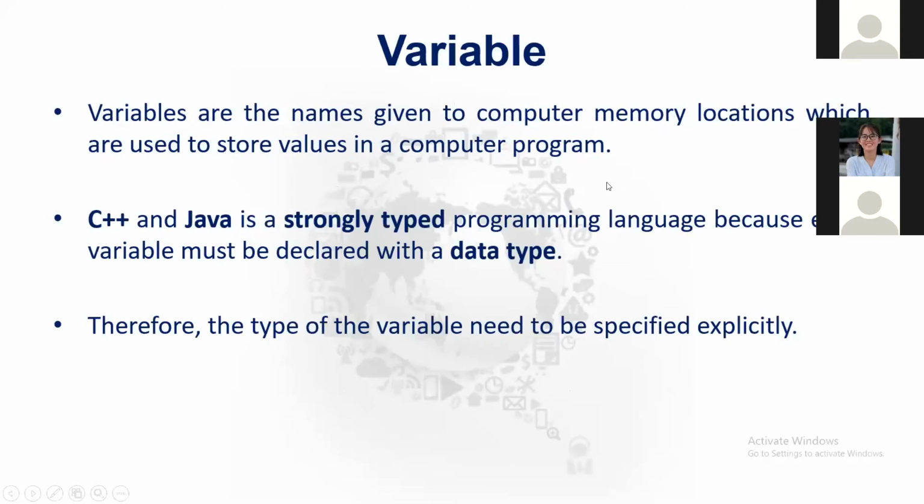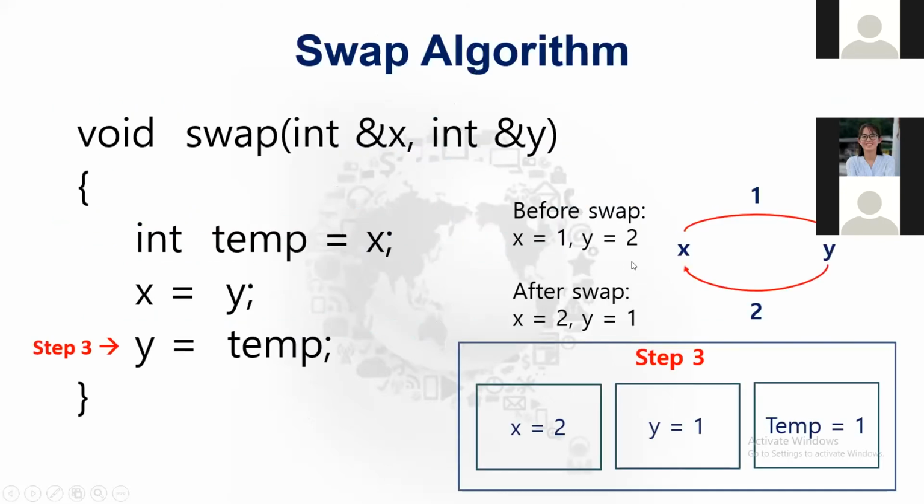So what are variables for? A variable is a name given to a computer memory location, which is used to store values in a computer program. Just now, if you look back, we have the variables x, y, and temp. You put in the values of 1 and 2.